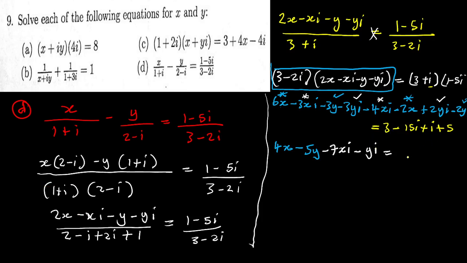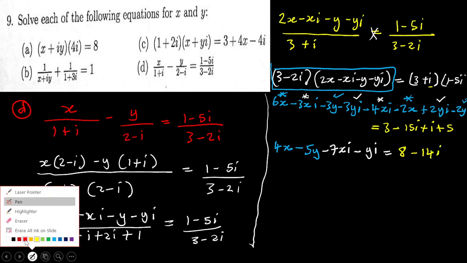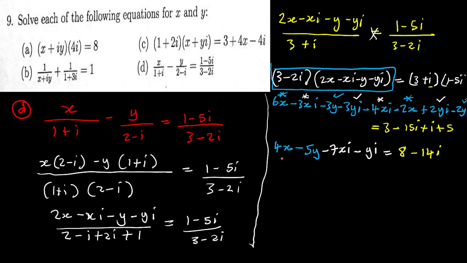So 3 plus 5 is 8. Then negative 5, 15i plus that, it's negative 14i. Okay, cool, done. Once we are done with that part, all our working has been worked on.